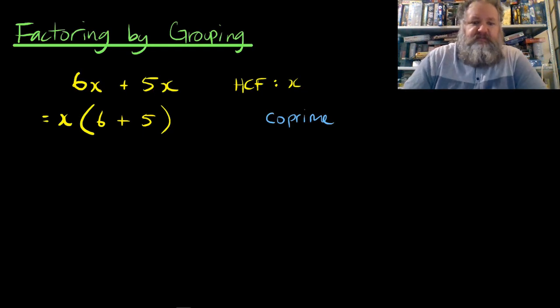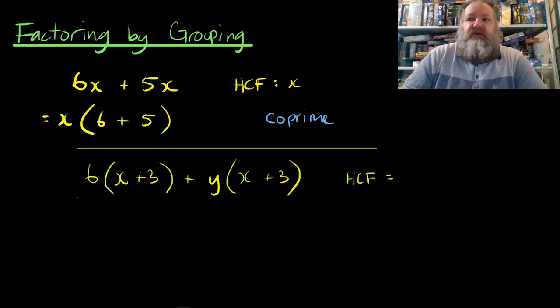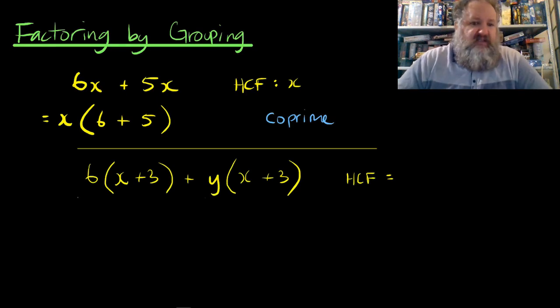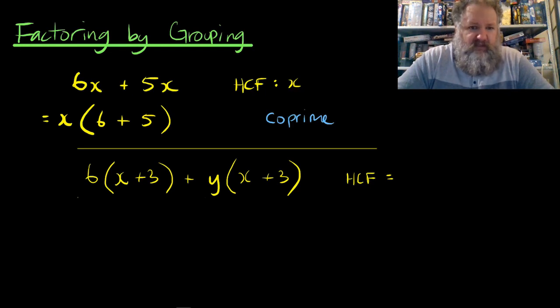Okay, let's move on. Let's have a look then at something a little trickier. What if I have got 6 outside of x plus 3 plus y outside of x plus 3? Well, what is the highest common factor here? Interesting.